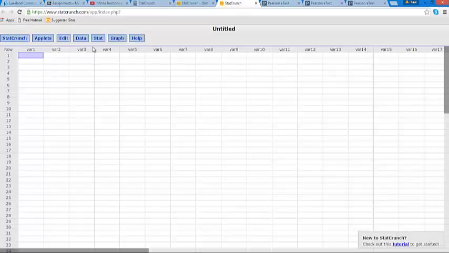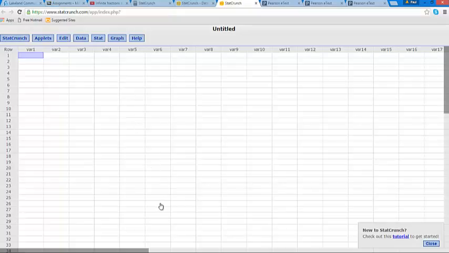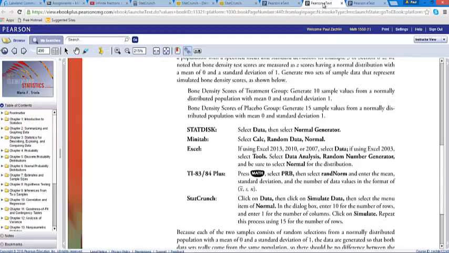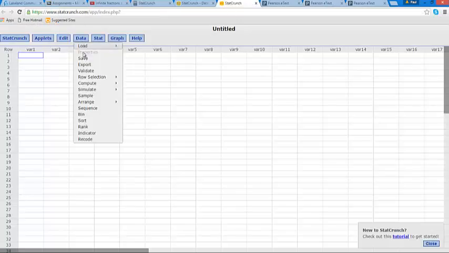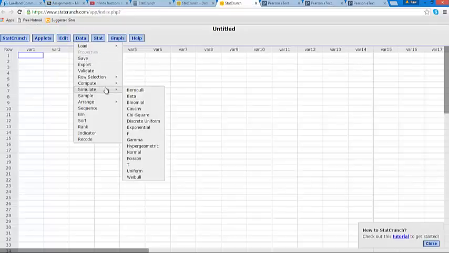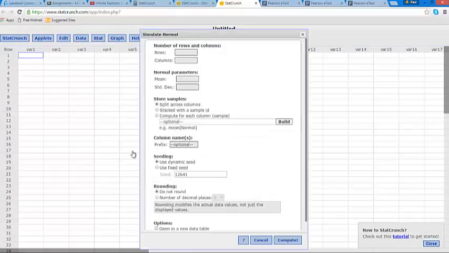So it launches it. And so I have this little spreadsheet here. And again, all the directions I need are right here. Click on Data, click on Simulate Data, select the menu item of Normal. Alright, I can do that. So I'll click on Data, click on Simulate Data. I want a normal distribution.